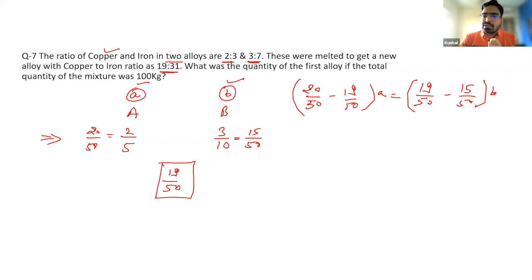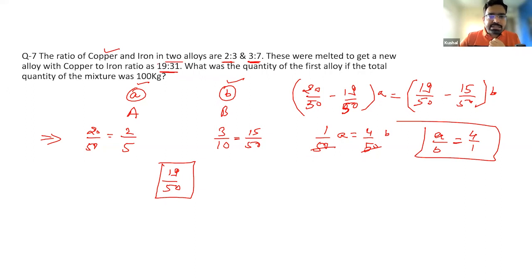Now let's just solve this. This is 50. I'm so sorry for my writing. This is going to be 1/50 into A. That should be equal to 4/50 into B, and we are able to solve this very, very quickly. A by B is 4/1.